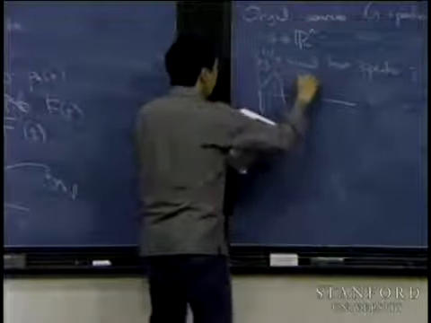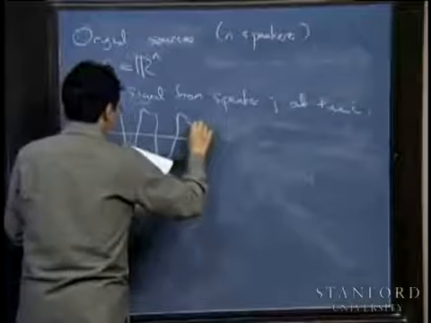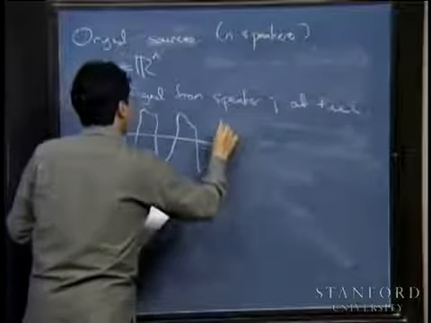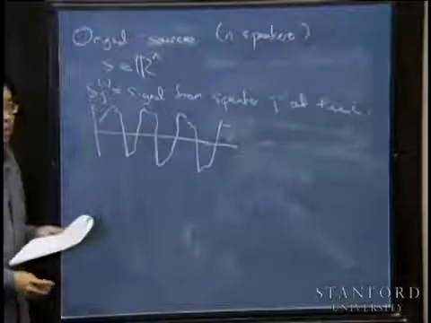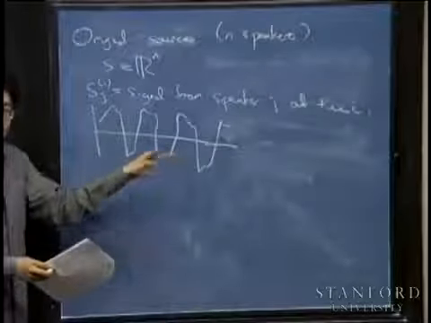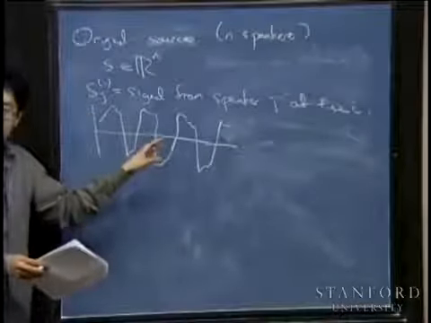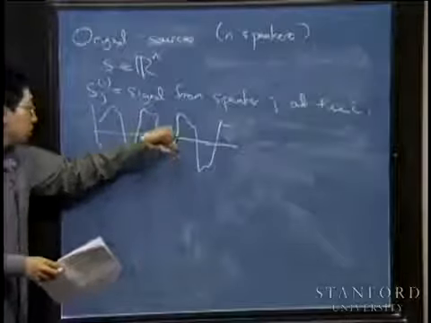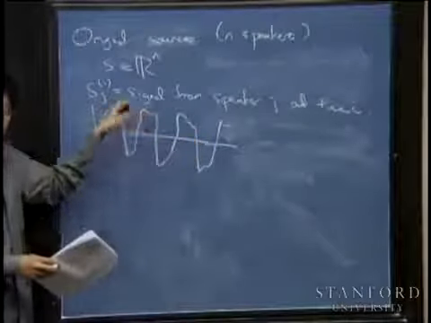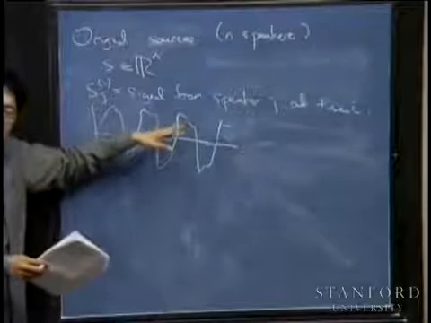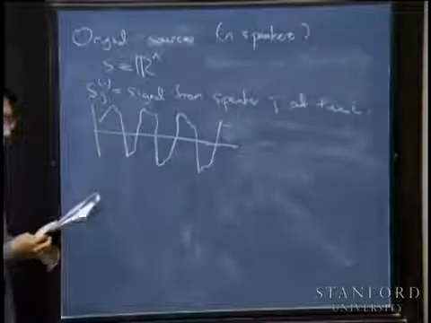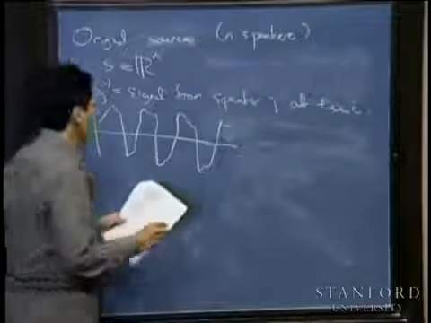I'm going to draw a cartoon of changes in air pressure. You look at the microphone recording, and you see roughly periodic signals, changes in air pressure over time as the air pressure goes above and below some baseline. So this is what the speech signal looks like.